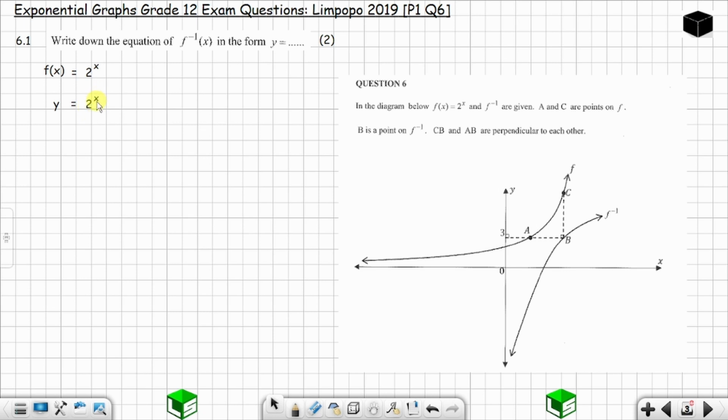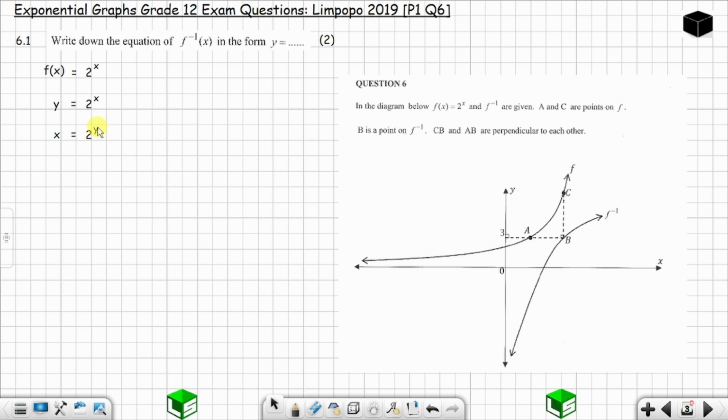From this you can exchange your y and x. So you put x is equal to 2 to the power of y. You exchange your x and y if you want to get the inverse of a function. Now you have to get y the subject of the formula.